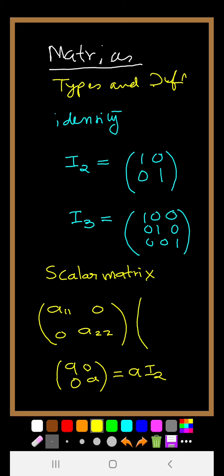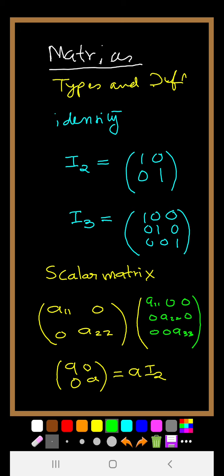Similar to that, we can have a 3 by 3 matrix as well. So it's A11 0 0, 0 A22 0, 0 0 A33.